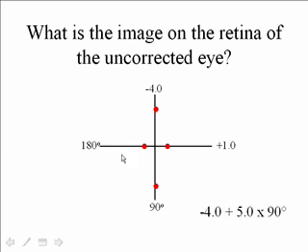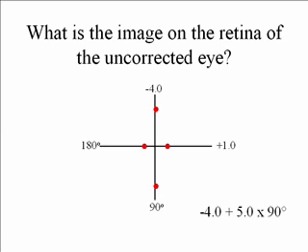I'm going to say horizontally, he is as if he were a +1 hyperope. He has some blur, but it's not as much blur as if he were a -4 myope. So I'm going to plot those little points horizontally, 1 unit from the center of the total power cross.